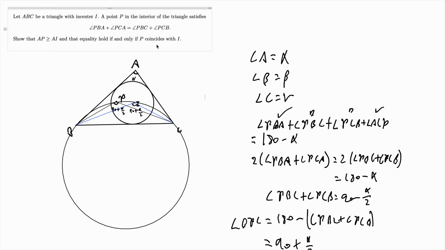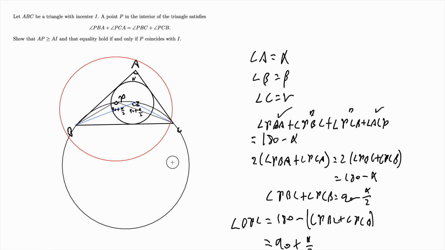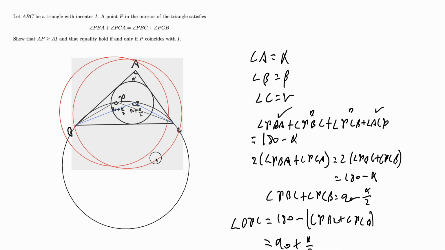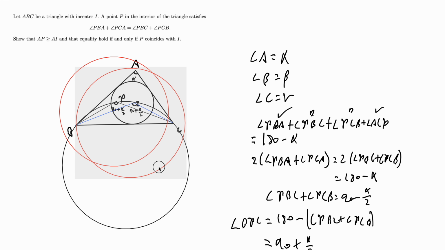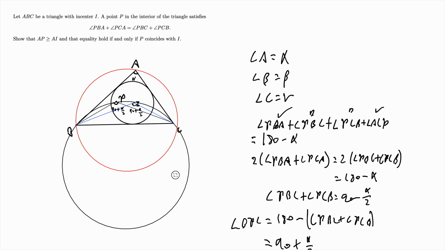Then I think it would be quite natural for us to draw another circle like this, because we are talking about circumcircles right now. Why don't we draw a circle for ABC too, so that it won't feel left out. Here. Nice.